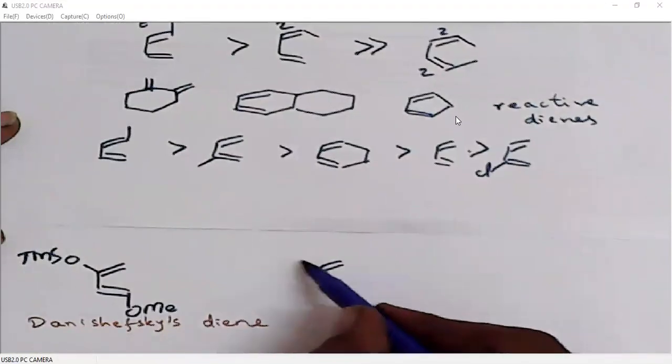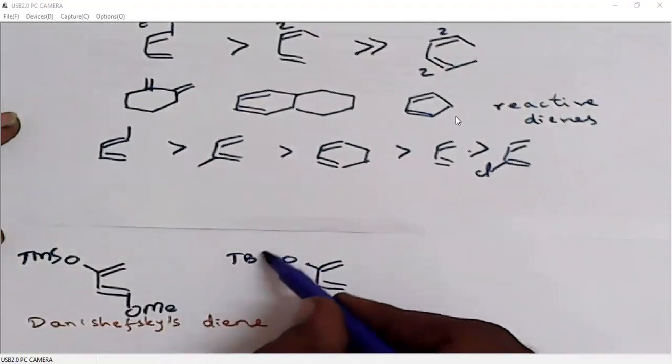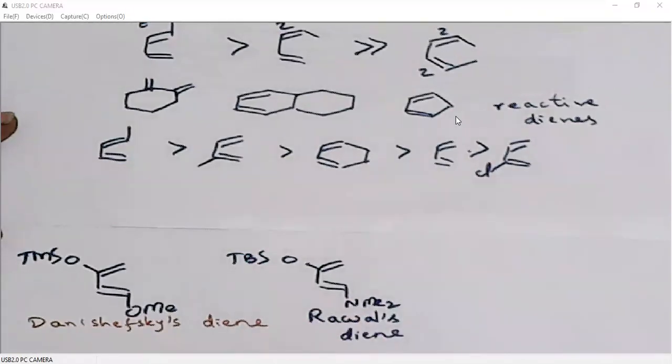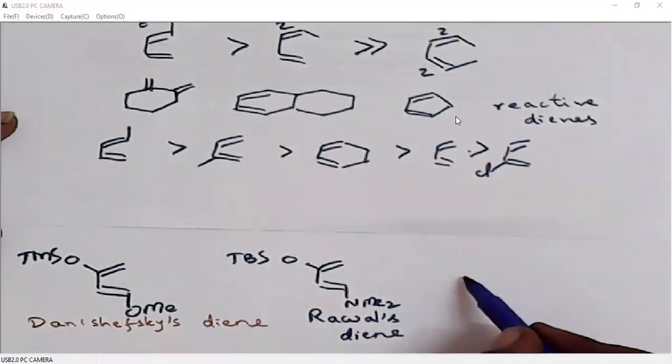Similarly, if we have OTBS and a nitrogen here, it is called Rawal's diene. These have electron releasing substituents, so they are more reactive in Diels-Alder reactions.